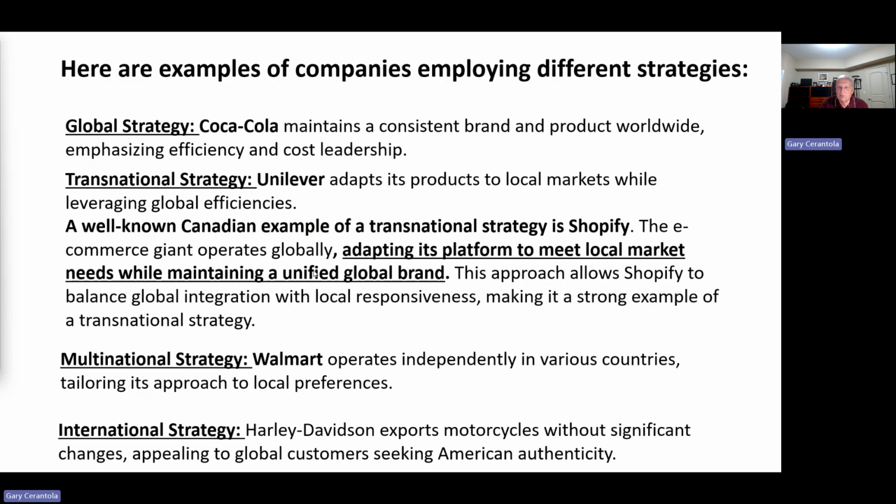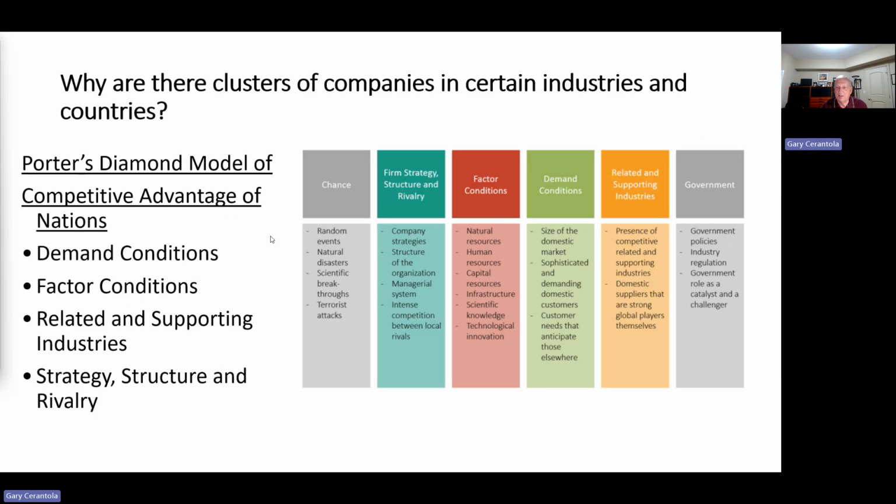So understand what they are. So here they are. Here's some examples to understand what that is. Like Unilever adapts its products to local markets while leveraging global efficiencies, right? Well-known Canadian example for transnational is Shopify. It adapts its platform to meet local market needs. So have a look at this particular piece.